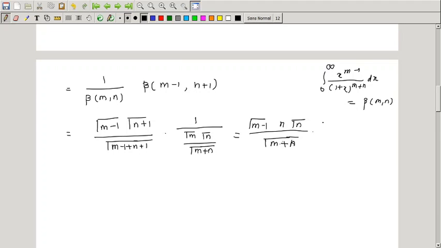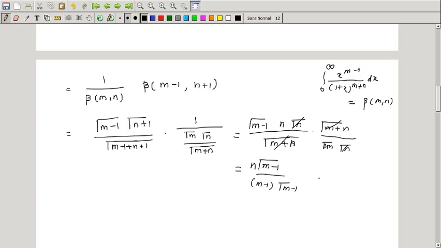So this gets cancelled, this gamma(n) also gets cancelled, and the remaining part is gamma(m-1) divided by gamma(m), which is (m-1) times gamma(m-1).